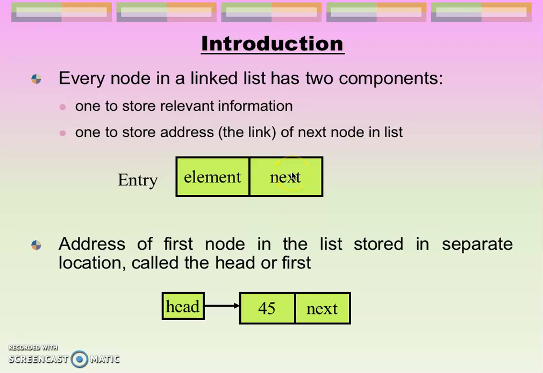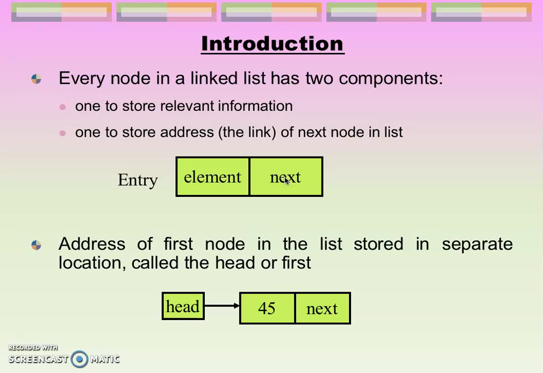Another part in our node is to store the address to the next node in the list. So kat sini kita simpan our actual data. Let's say you have the information of our student: student name, student address, student CGPA, student apa-apa semua kita simpan kat sini. So this part is to store dia punya address untuk next node.